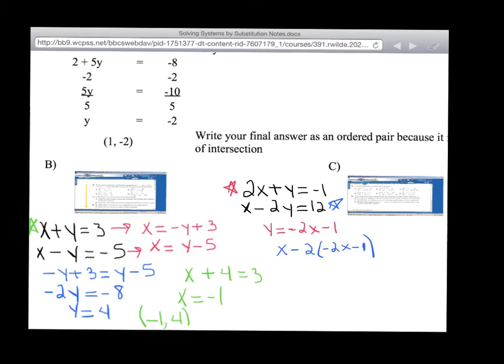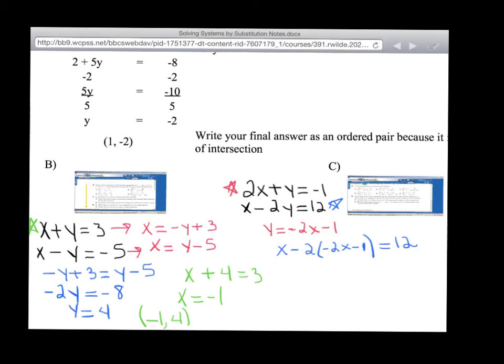So I'm plugging in x minus 2 times negative 2x minus 1 equals 12. All I did here is I took this expression in pink, which is equal to y, and plugged it in for y into this equation here to get x minus 2 times negative 2x minus 1 equals 12.